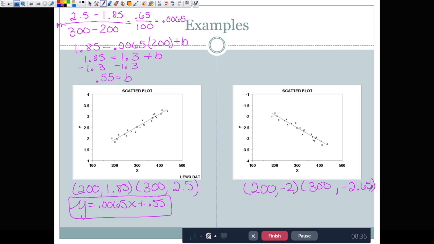Okay, so I'm going to find my slope. So y2, negative 2.65 minus y1, negative, negative, so that's going to become positive. And then I'm going to do 300 minus 200. So I'm going to get negative 0.65 over 100, or negative 0.0065.